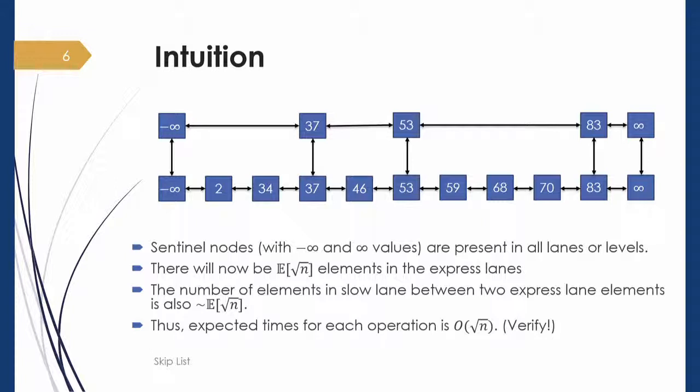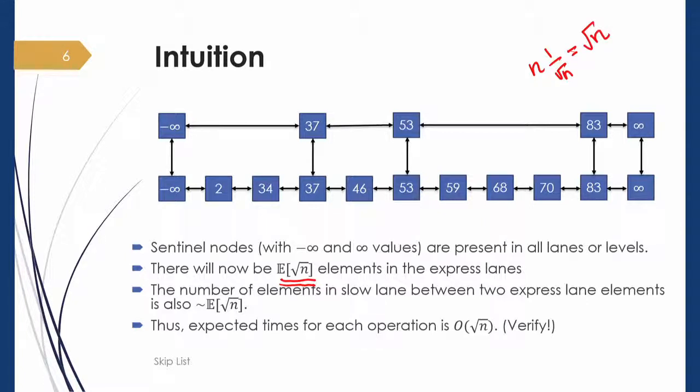By the nature of the probability with which we have promoted some items to appear in the express lane, it is easy to see that the expected number of elements in the express lane is going to be square root of n. Why? Because there are n elements, and each of these elements is promoted with probability 1 over square root of n, and therefore the expected number of elements in the express lane is going to be square root of n.